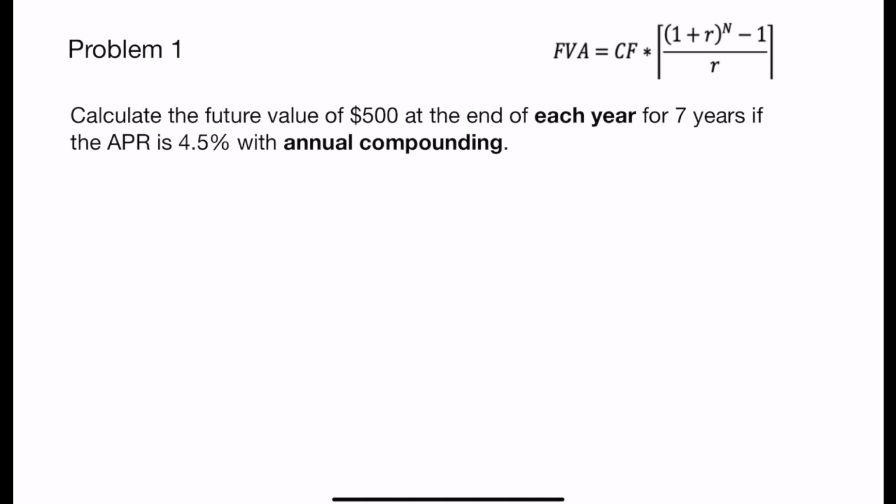So here we're calculating the future value of $500 at the end of each year for 7 years if the APR is 4.5% with annual compounding. So again, what made it go into this PowerPoint, where everything matches, is that the cash flows are yearly and the compounding is yearly, right? So the frequencies match.